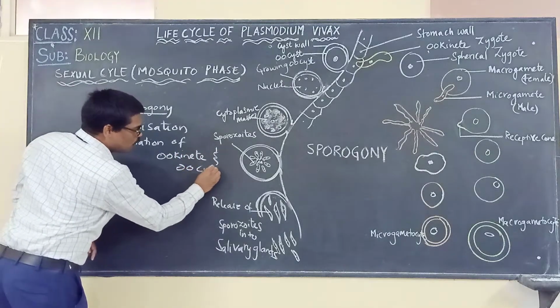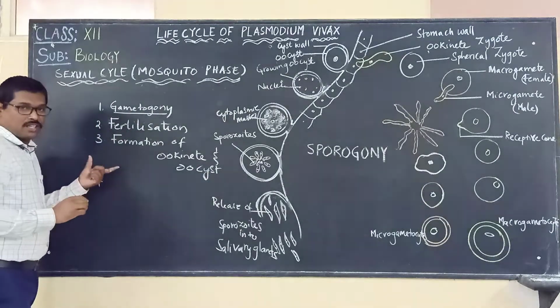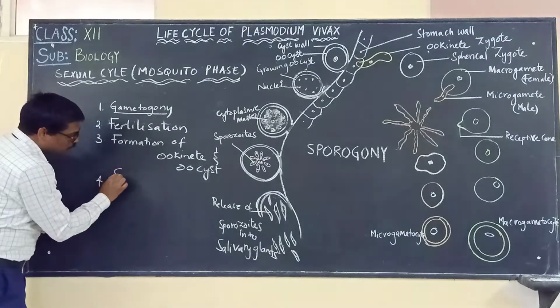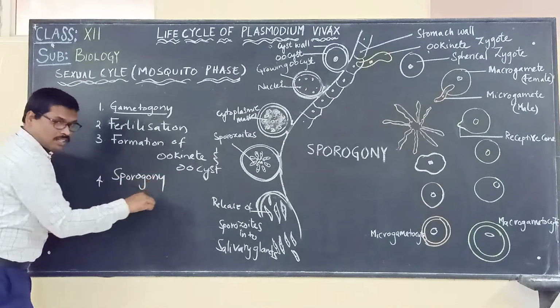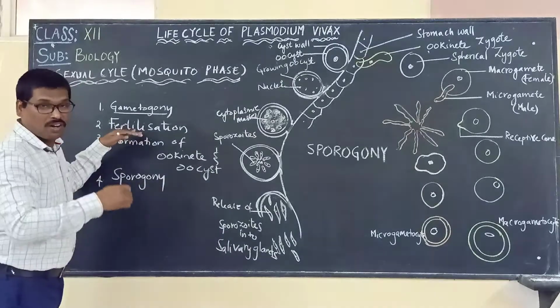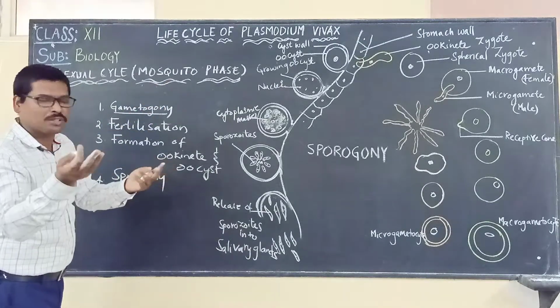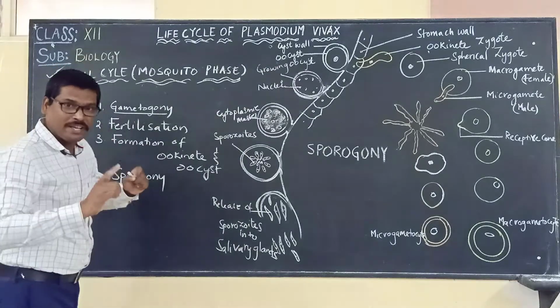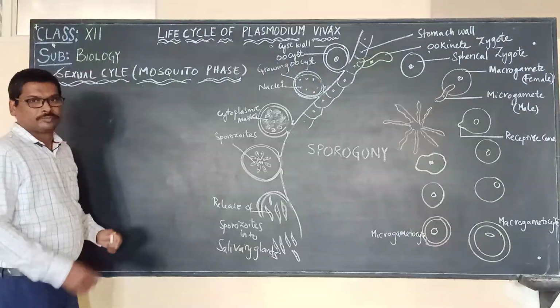And the fourth one, the last one in this mosquito phase, is the sporogony. So these are the four different stages under which the mosquito phase will be completed, or otherwise, the sexual cycle will be completed with the sporogony.